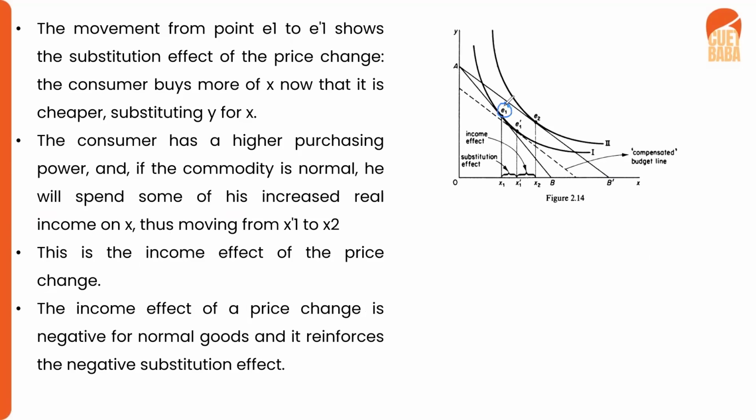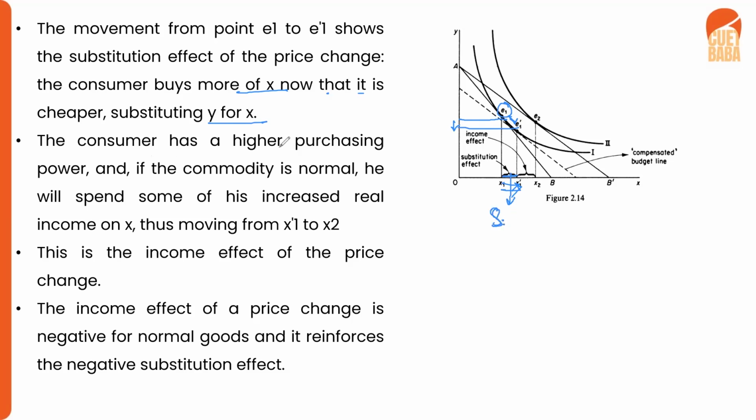This shift from E1 to E-1 shows the substitution effect. The consumer buys more of X now that it is cheaper, substituting Y for X. So the consumer would be buying more of X, and there is a reduction in the quantity consumed of Y. So he's substituting Y for more of X. That shows the substitution effect.